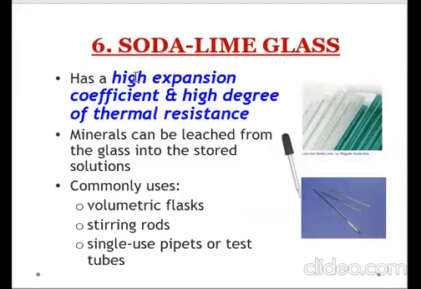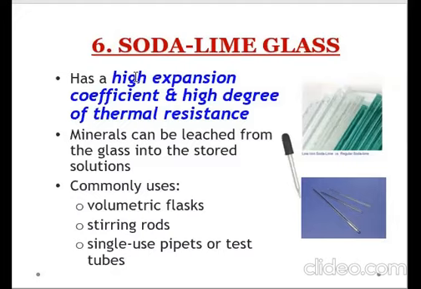But even though it is easy to melt, it also has a high degree of thermal resistance. Now the problem with this category of glass is that minerals can be leached from the glass into the stored solutions.